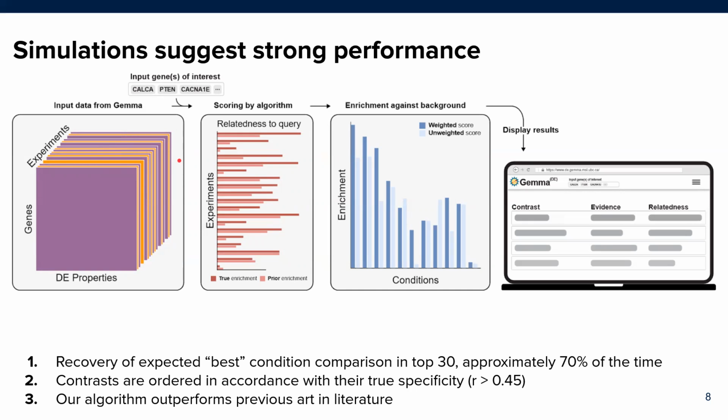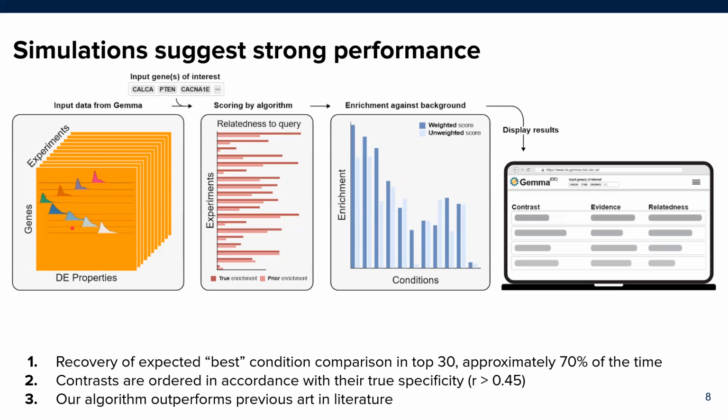The other kind of artificial data we do evaluation on is an entirely artificial corpus, where instead of having any real data, we actually model each gene's specificity to each contrast. And so we have a fully characterized data set where we know which genes should be related to which conditions, and we can exactly characterize what's going on with the algorithm. Together, these kinds of simulations set our expectations about how well the method should perform on real data.